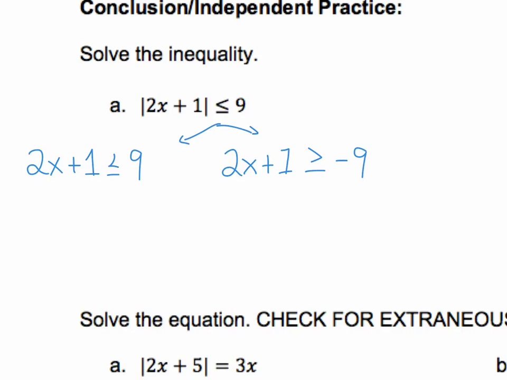And then I can solve each of these. So I'm going to subtract 1 from both sides, divide both sides by 2. So I get x is less than or equal to 4. Here I can also subtract 1 from both sides, divide both sides by 2.